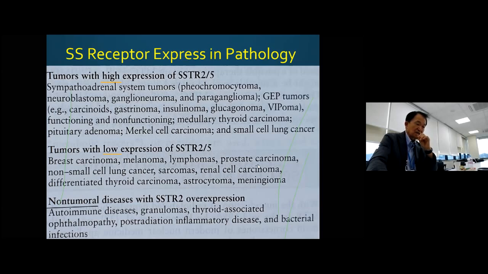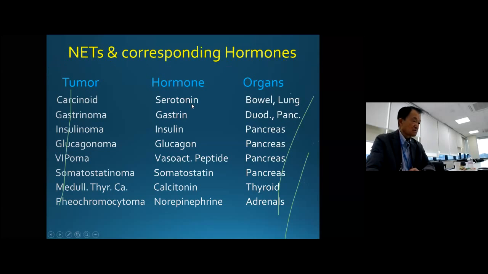But even prostate, when well differentiated, has receptor expression maybe a little bit, but when it becomes poorly differentiated, then expression of receptor 2 or 5 becomes a lot more. So it's changing, but this is general, okay? There are also certain tumors without expression, and certain inflammatory lesions, infection, etc.